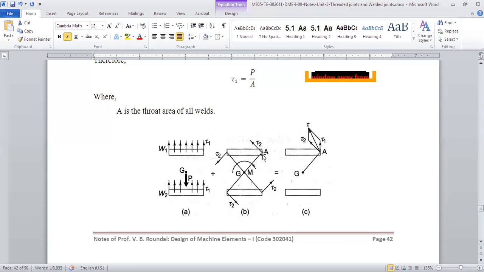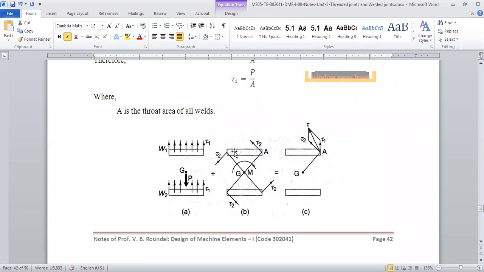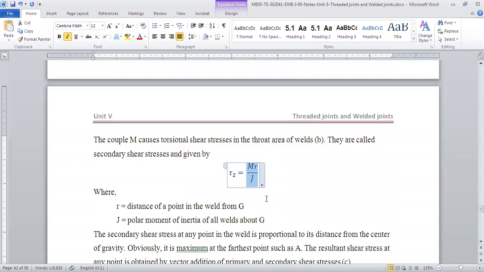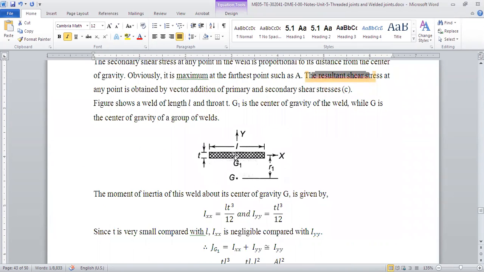So what is Ixx? For a rectangle, what is the moment of inertia? B D cube by 12. So now take this area. We are considering area 1 and trying to find its polar moment of inertia at its own CG, right. So if G1 is the CG of the area, then Ixx will be B D cube by 12.